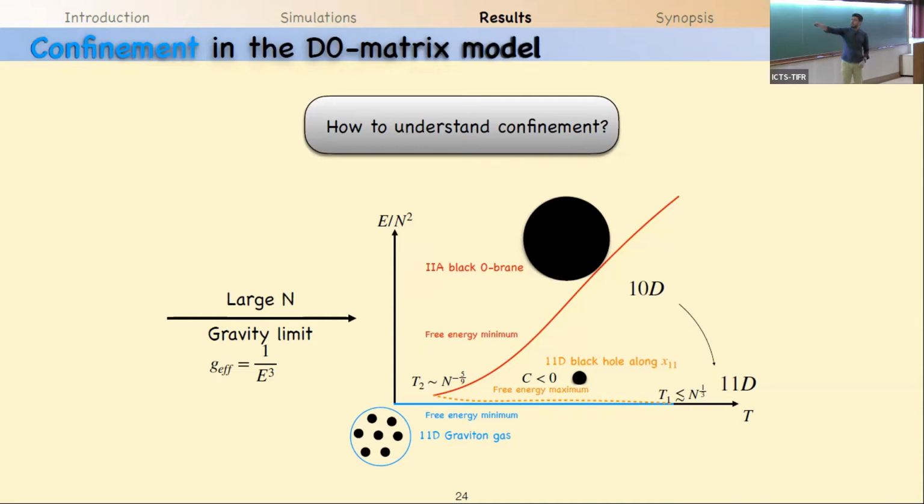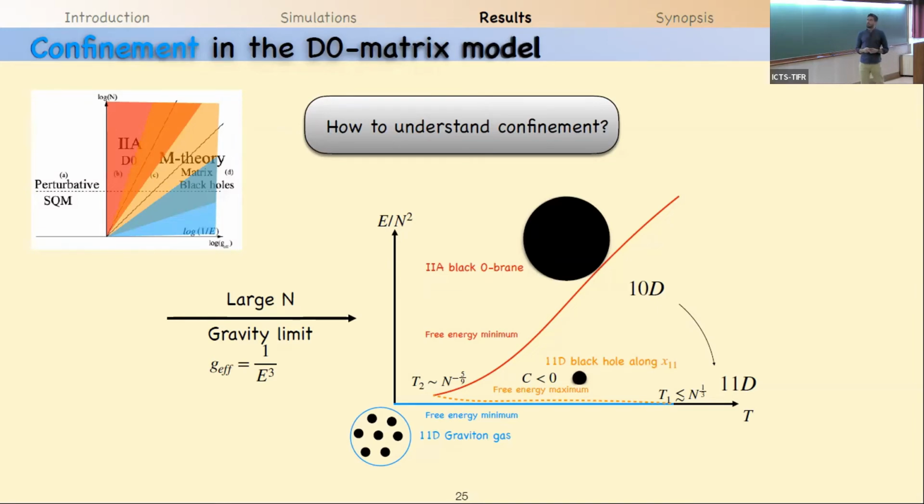Then I have an 11-dimensional Schwarzschild black hole wrapping around X11. Again, it has a negative specific heat. And as I lower the energies even further, I have a graviton gas, which is now in 11 dimensions. So this phase diagram gives me a transition from a 10-dimensional spacetime to M theory as I go to low energies.